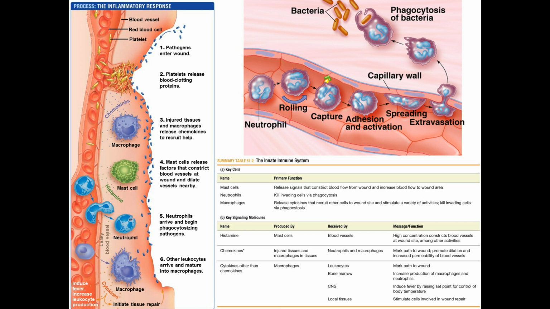So, looking at this inflammatory response, you have some site of injury, for instance, and pathogens are going to enter this wound, this injured tissue, and macrophages that are already present nearby in the tissue are going to begin to engulf foreign cells, foreign bodies, and your injured cells, along with the macrophages, secrete these chemokines.